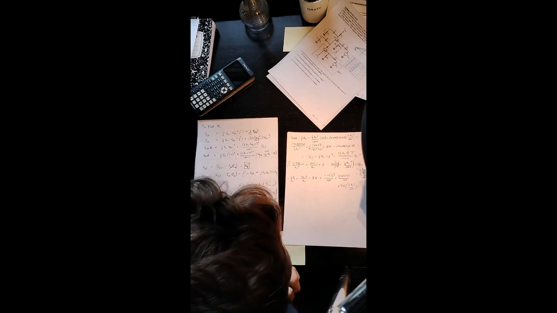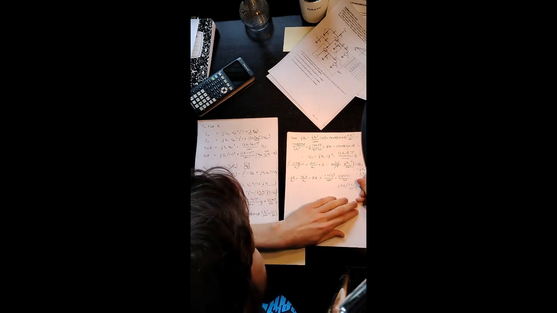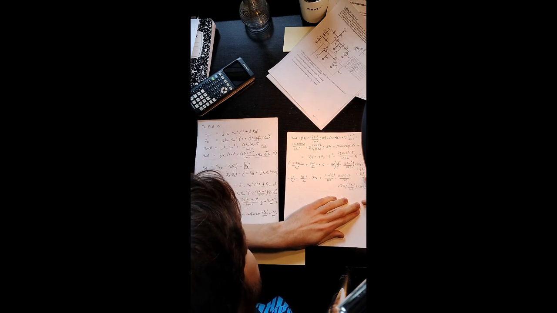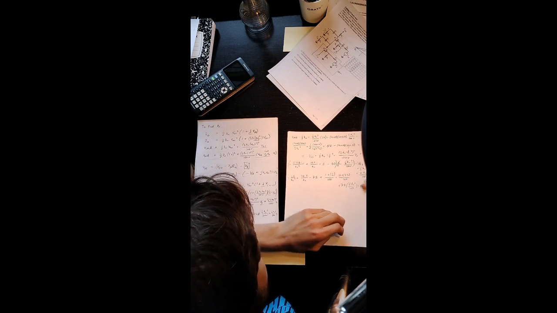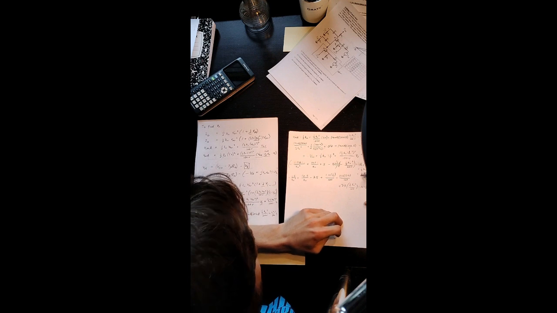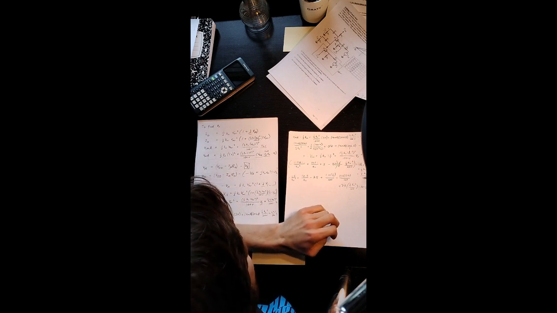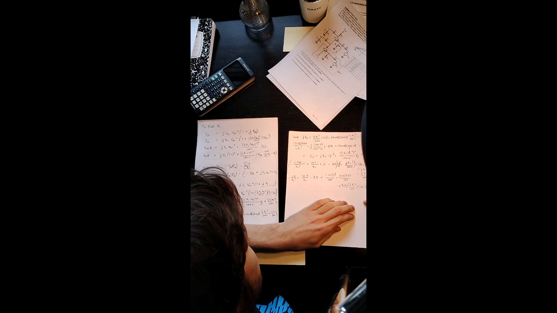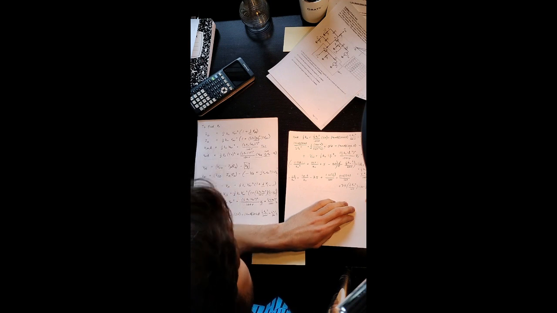VSS is equal to negative 5 volts. So that's 5 volts plus 1/2 Kn plus, so this is 5 divided by 400. So that would be 1 over 80. 1 over 80 Kn squared.